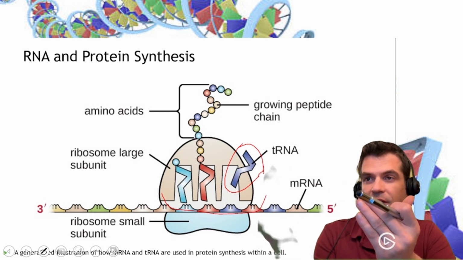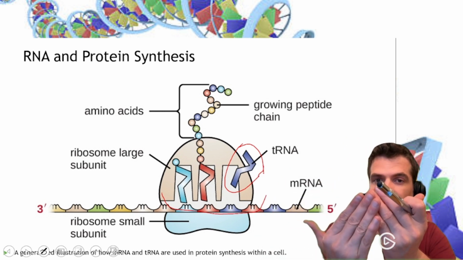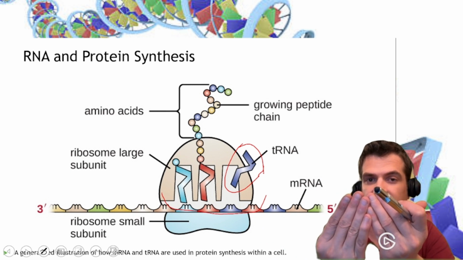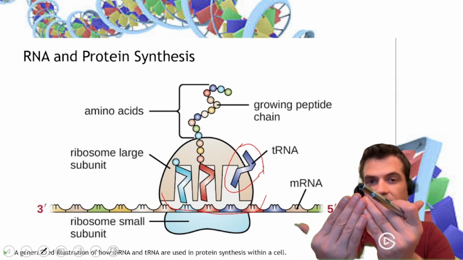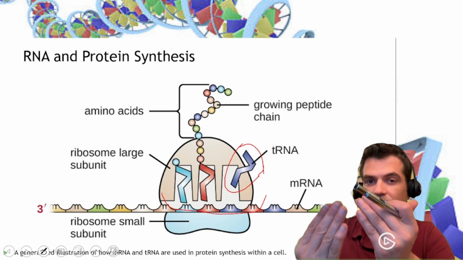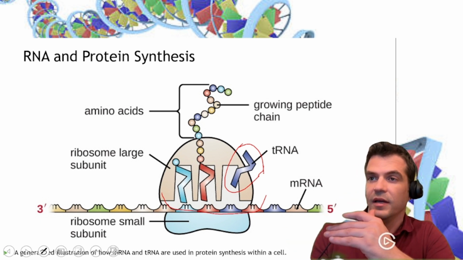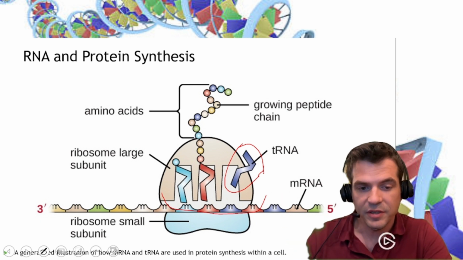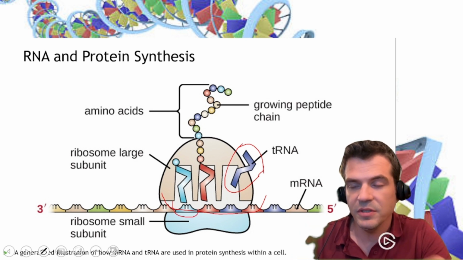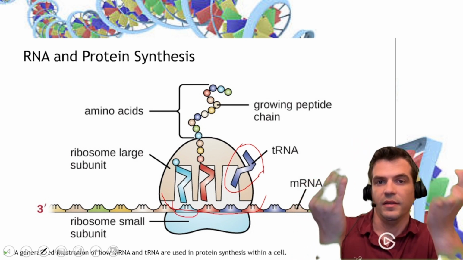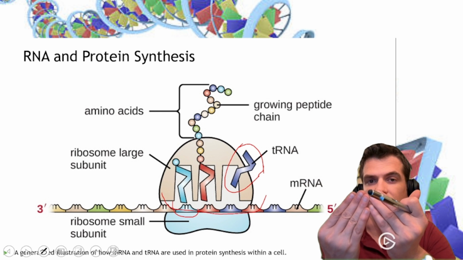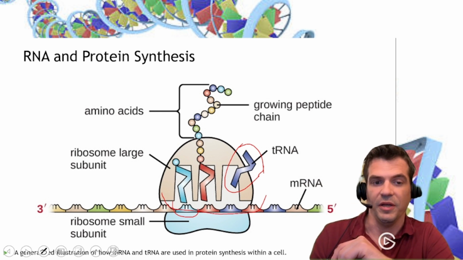The tRNA holding an amino acid and the growing peptide chain, they enzymatically get close together, and with the correct energy and the correct tRNA on the correct sequence, the enzymatic activity will grow the chain with the peptide bond.